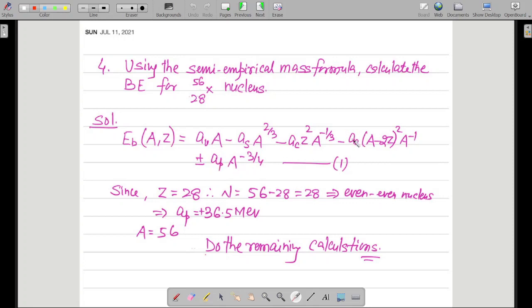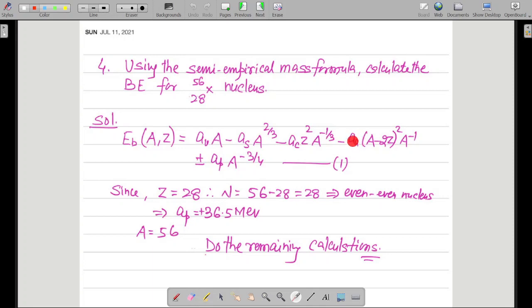And what is this AA? I am not remembering properly what this is, but whatever it might be, you must be remembering the semi-empirical mass formula which I have already told you. Volume, surface, Coulombian, pairing, and this is the asymmetry energy.